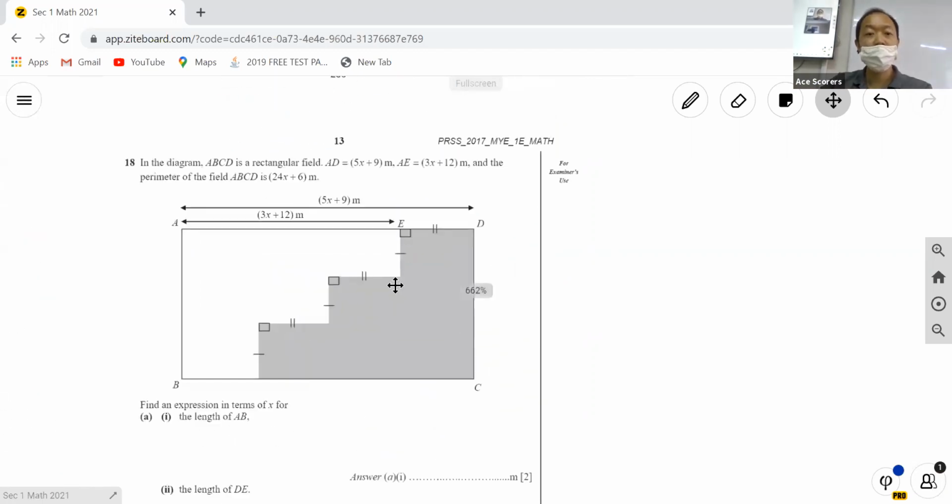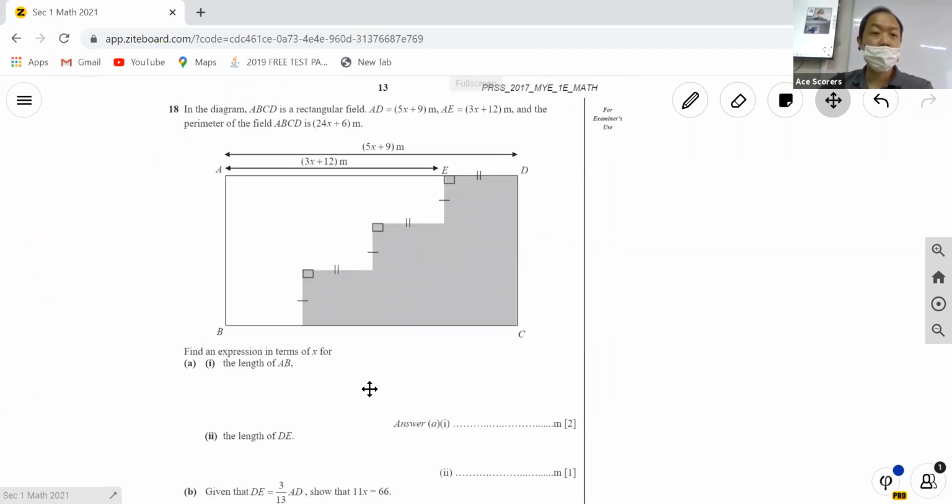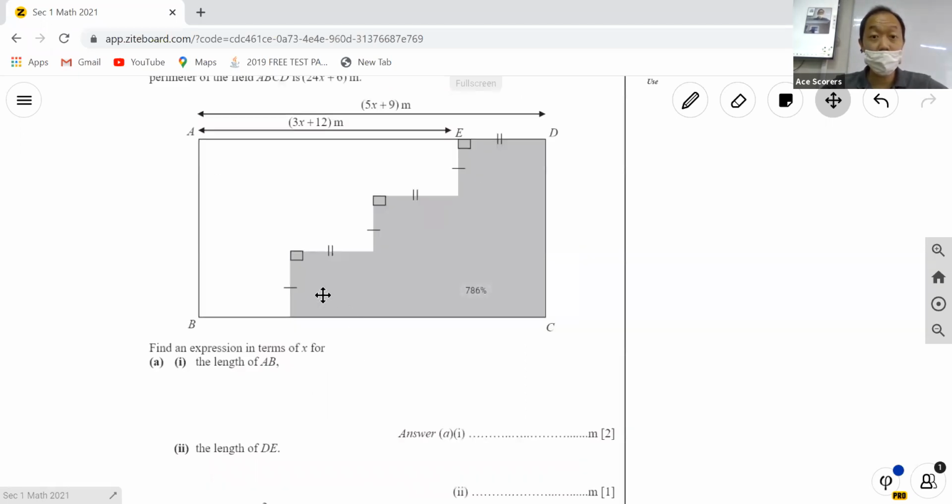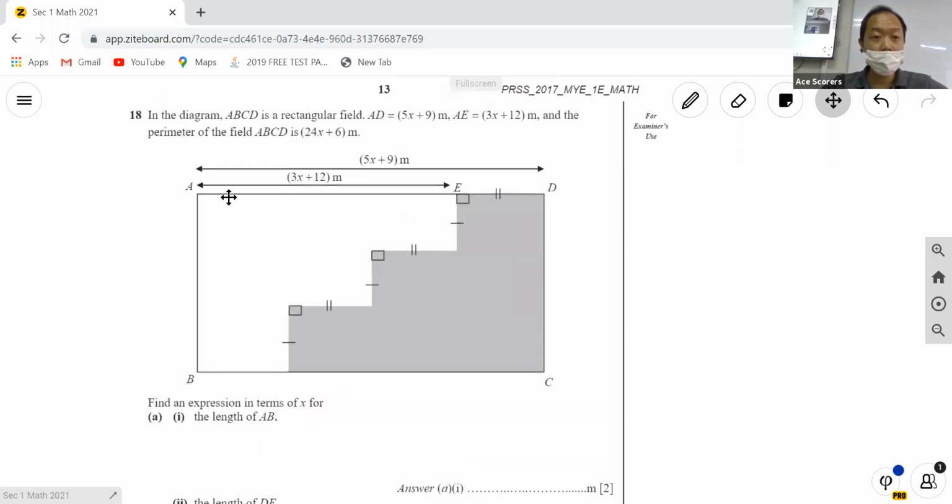Wait, let's do one more. Question 18. Okay, let's finish this, a quick one. No, I don't have enough time for Samuel's stuff. In the diagram ABCD, find an expression for the length of AB. So where is AB?